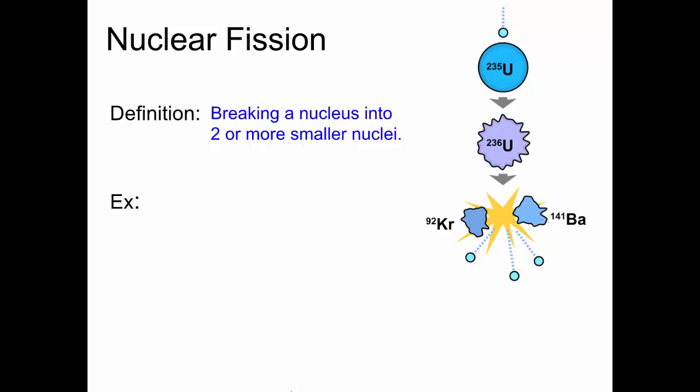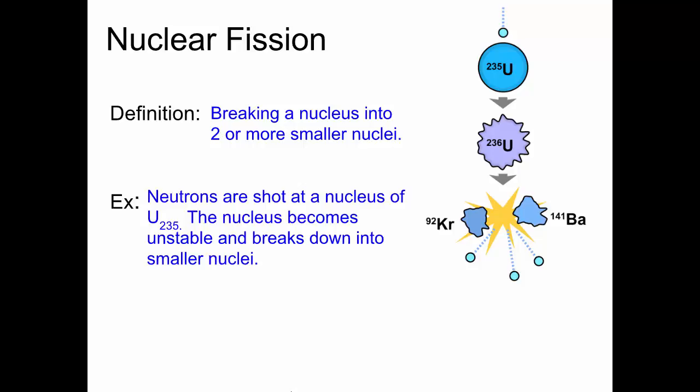This is nuclear fission. A large radioactive nucleus splitting into 2 much smaller nuclei. And so that's what's being shown here. Neutrons impacting a uranium-235 nucleus, which becomes unstable and breaks down.